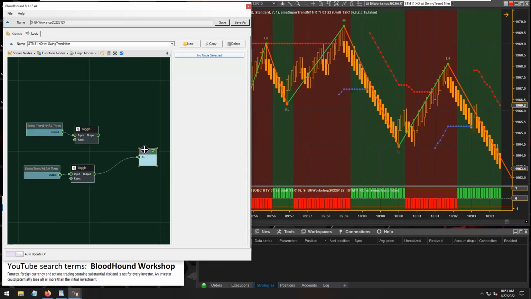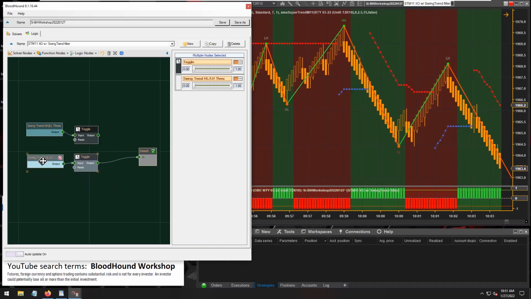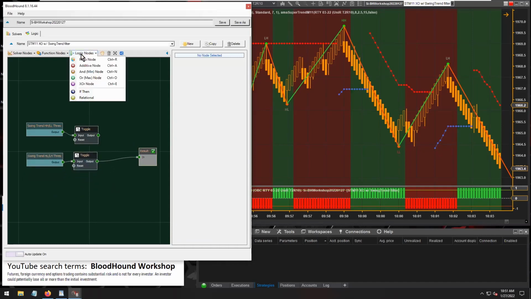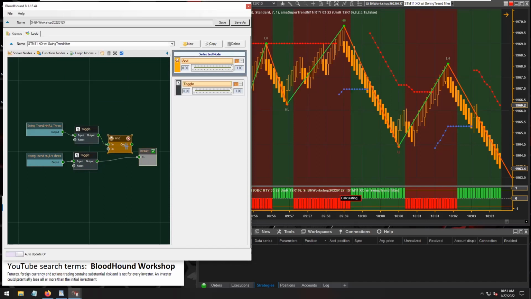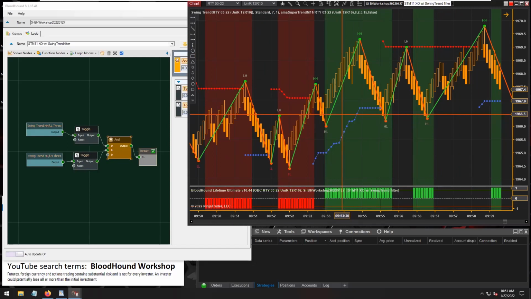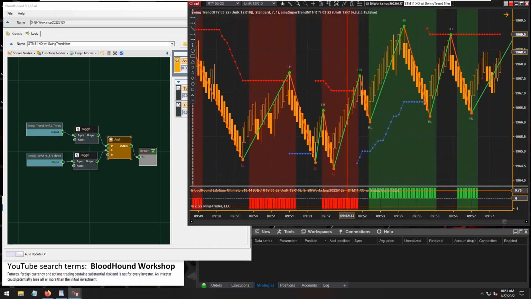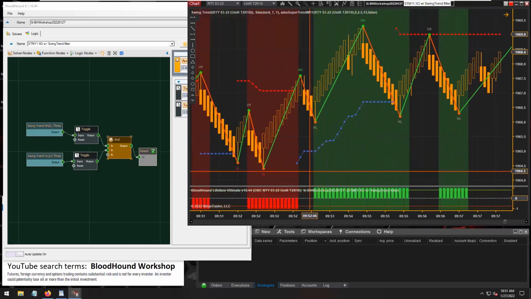So what we want to do next is combine these two with an AND node. There. So let's see here. Actually, yeah, this is perfect. We got both going on.